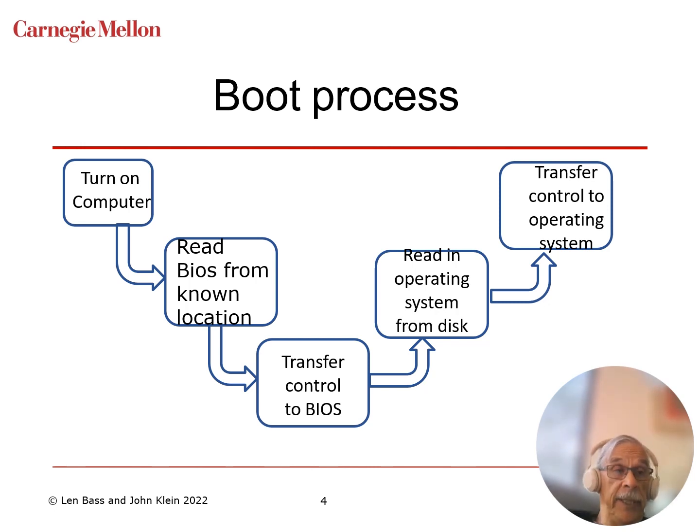So it treats the bits that it gets as data to read them in. Then it transfers control to it, treats them as instructions. And some of the instructions are to read in the operating system from a known location. So it has an address in there. Where is the operating system? The operating system is a collection of bits. It reads them in and it transfers control to them. And then you have an operating system.